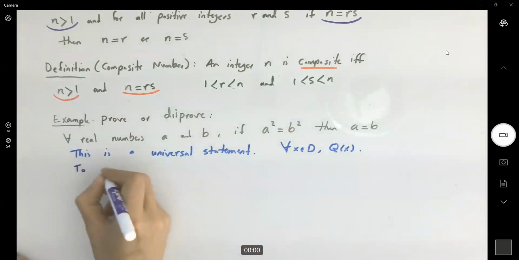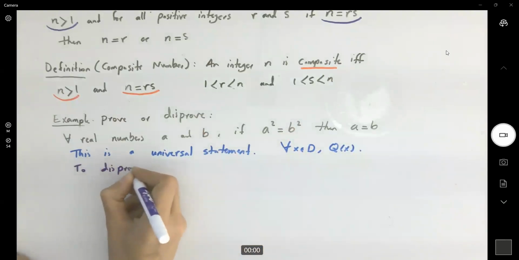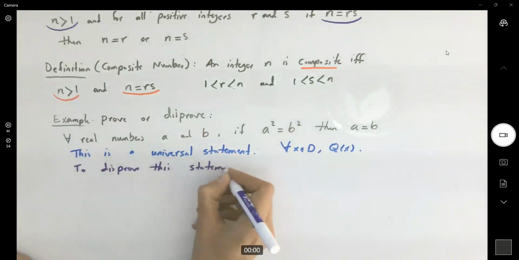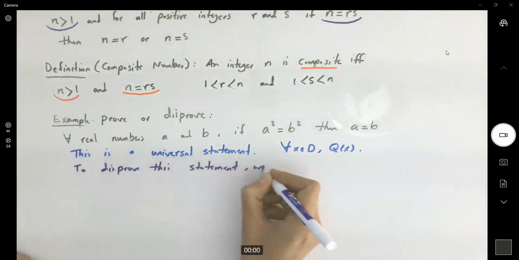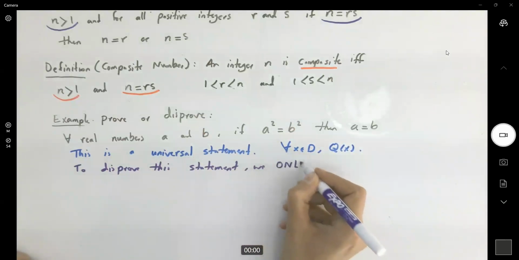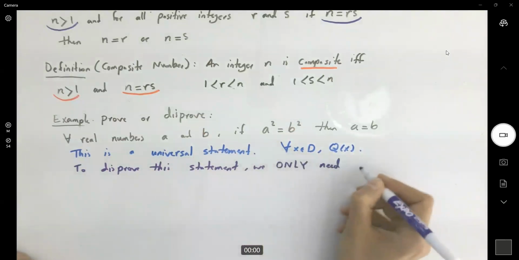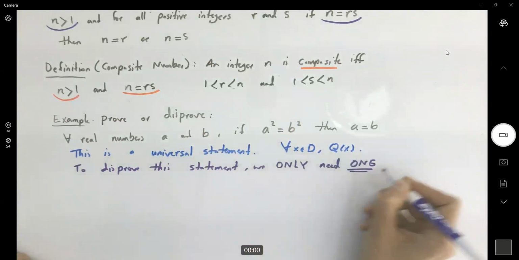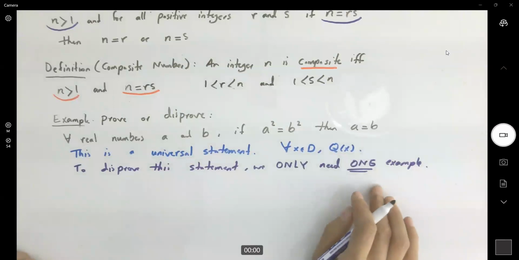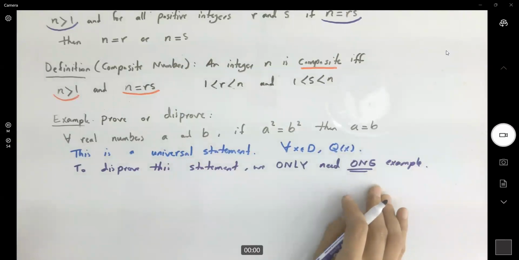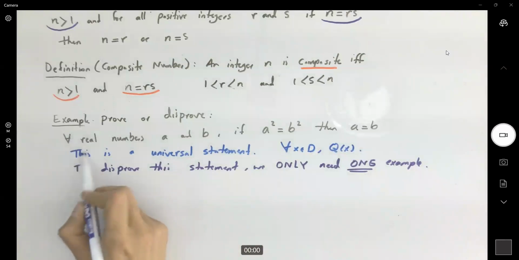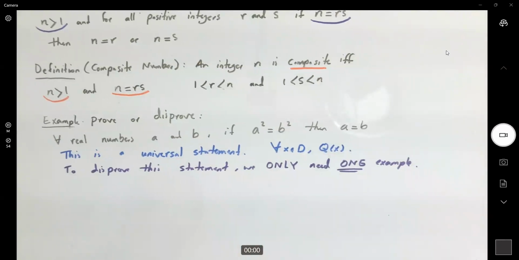To disprove this statement, we only need one example. If you can find that one example, which we call the counterexample, that doesn't satisfy this universal statement, then you're done.